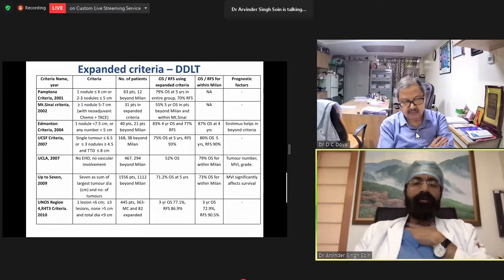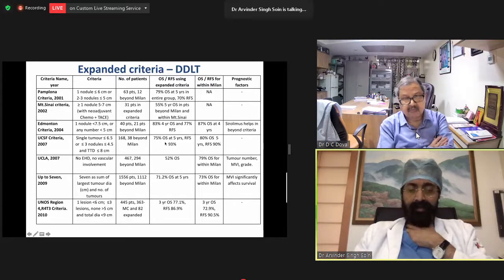Now, a whole lot of people have proposed expanded criteria for deceased donor transplantation. These are the lists. And basically, you're able to get reasonable 50 to 70% long-term survival with expanded criteria in DDLT.